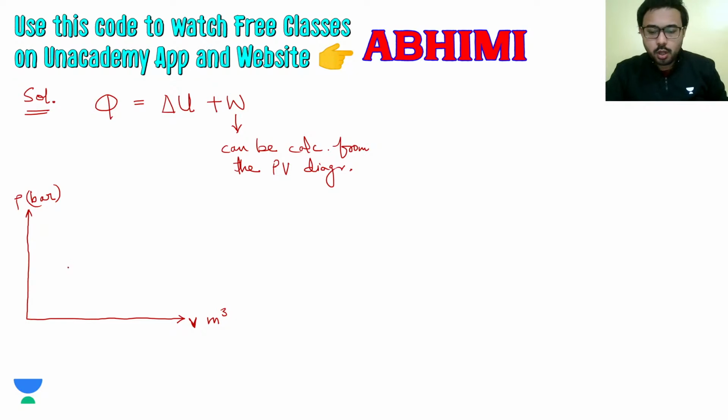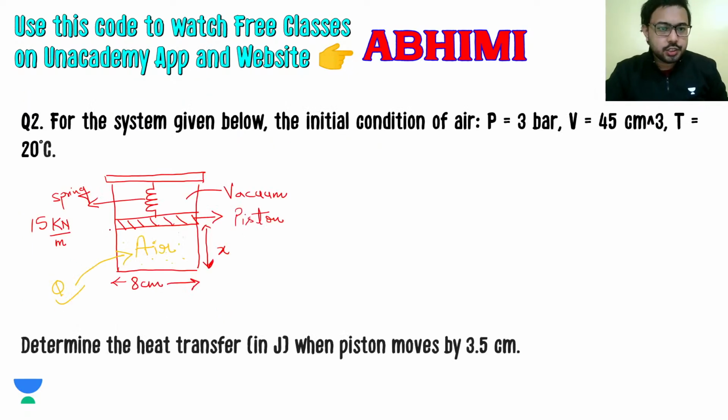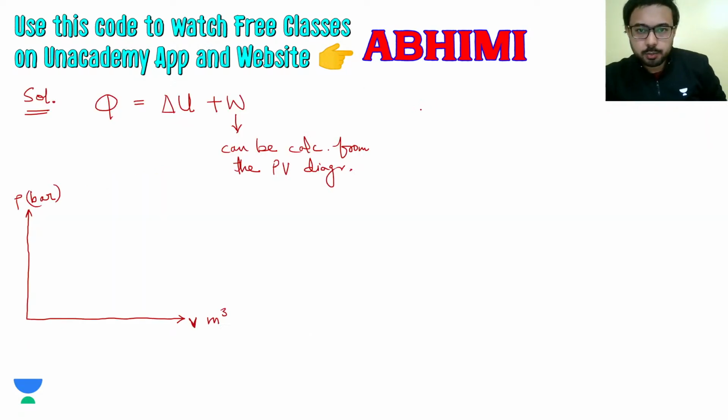Initially your piston will be at a. Let me draw this piston cylinder arrangement here also, so that we can look at the figure to solve the question.